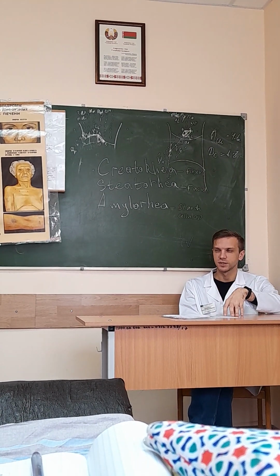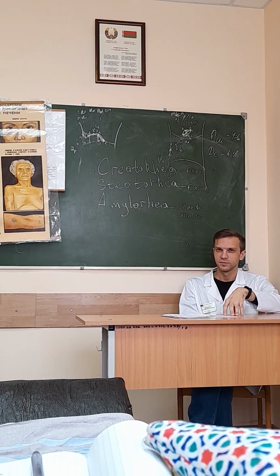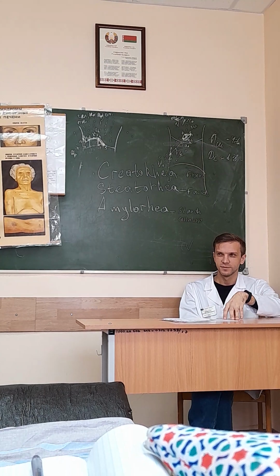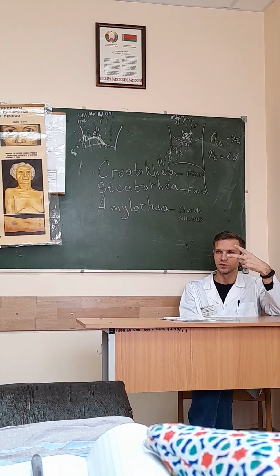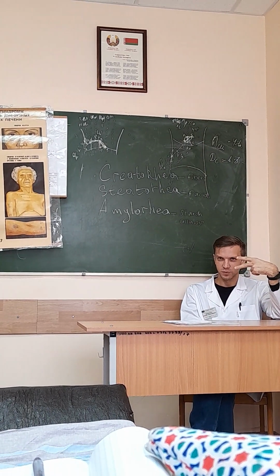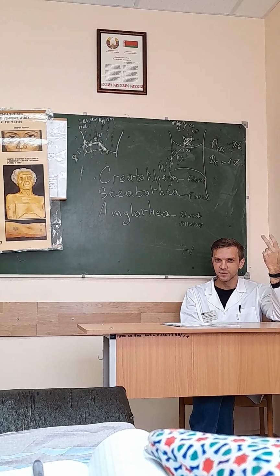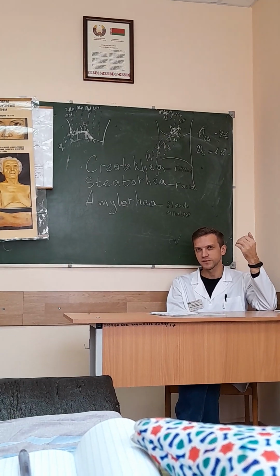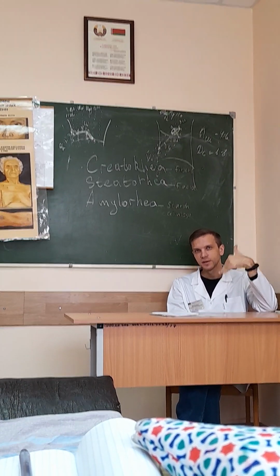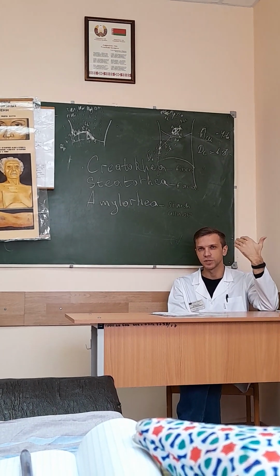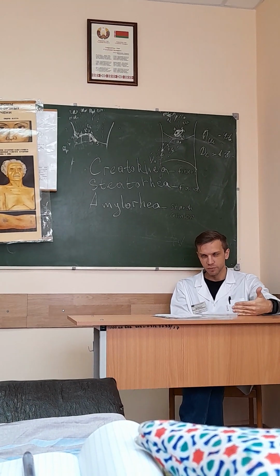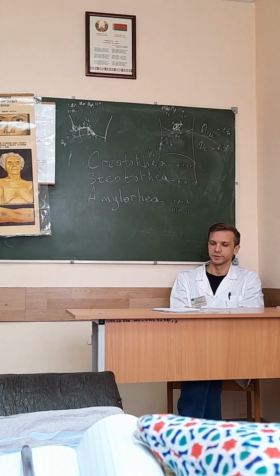How can we get cholesterol? There are two sources of cholesterol in our body. First one is diet. And the liver. The liver makes synthesis of cholesterol. So if there is liver incompetence, cholesterol will not be produced. So decreased level of cholesterol could be because of liver incompetence, hepatocellular incompetence.